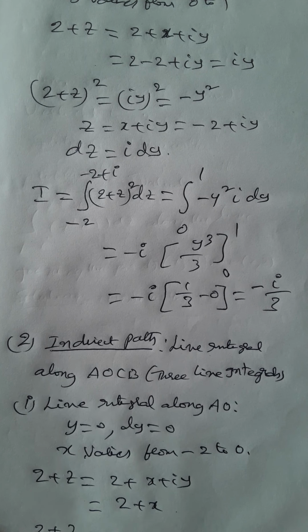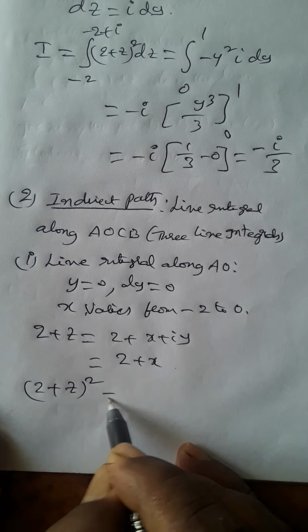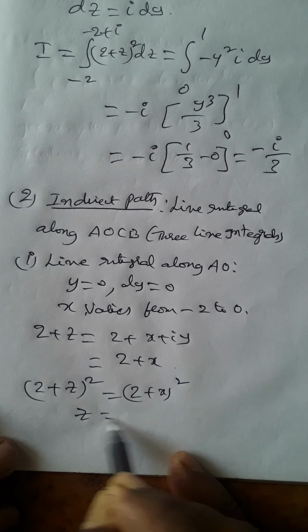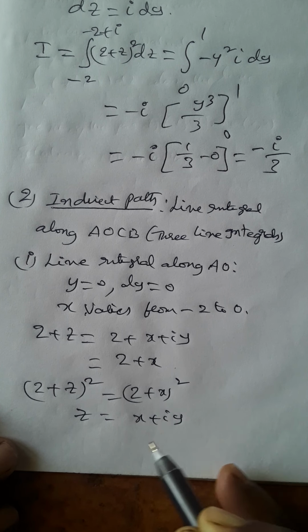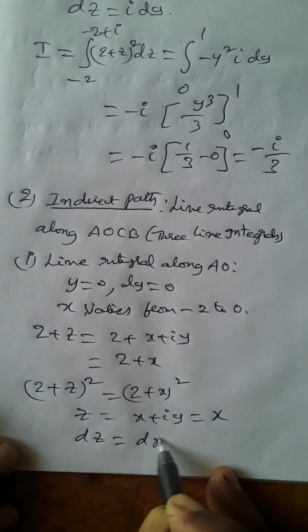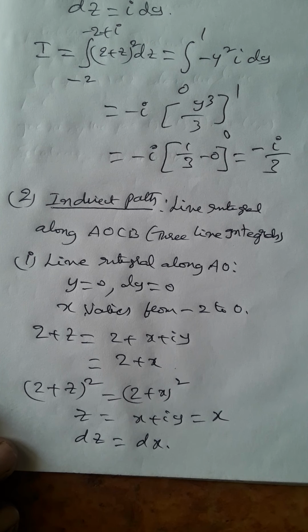So 2 plus z whole square is equal to 2 plus x whole square. Z is equal to x plus iy with y 0, so z is x. So dz is equal to dx.